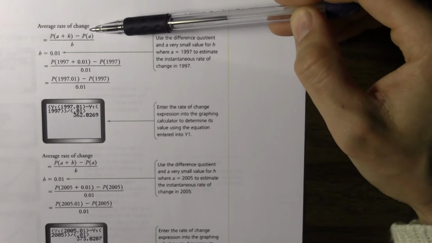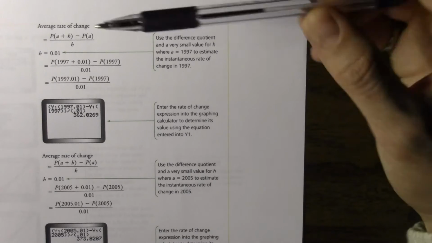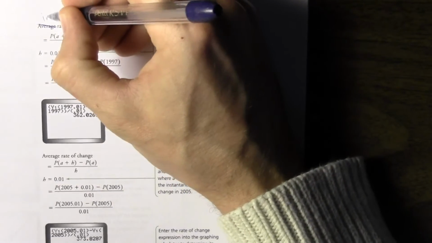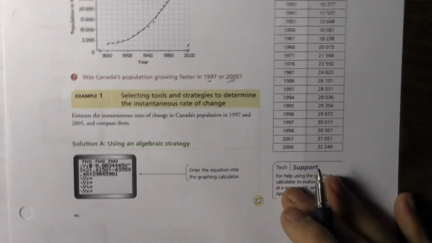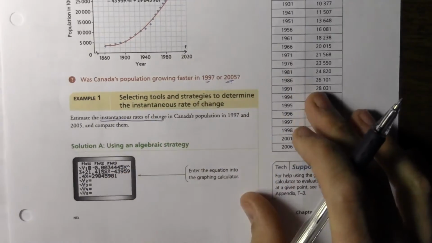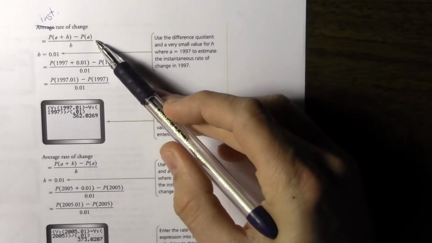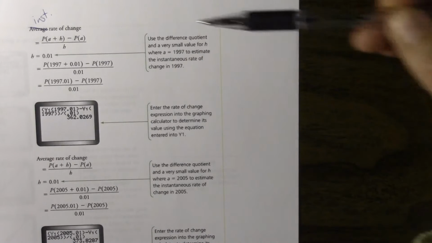This is actually closer to our instantaneous rate of change formula, because the question reads, estimate the instantaneous rate of change. And this is our difference quotient formula, where h is a really small value.